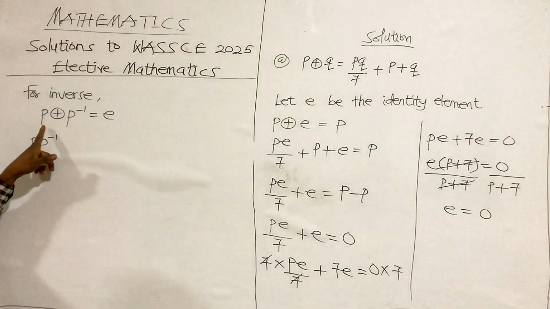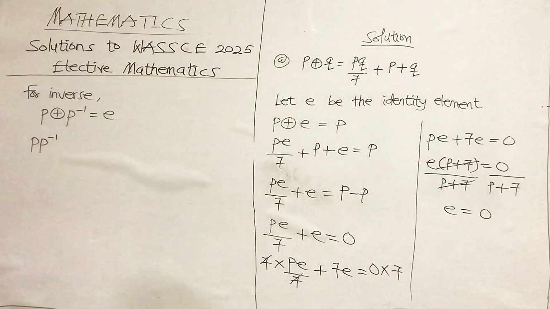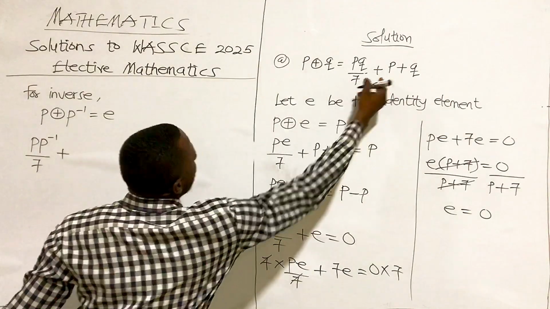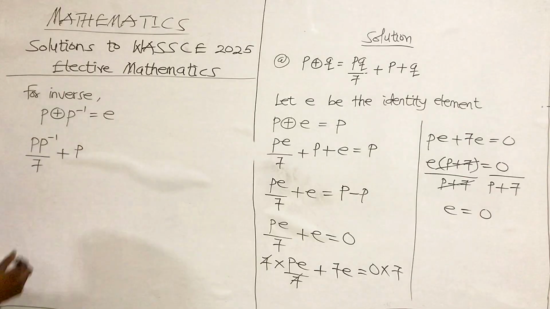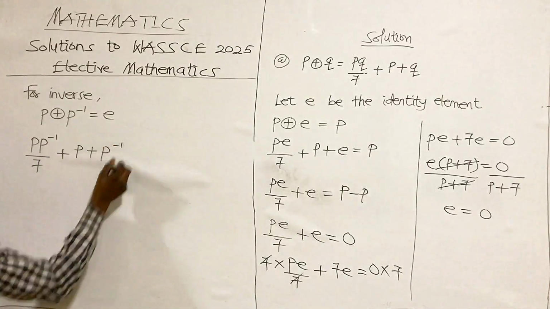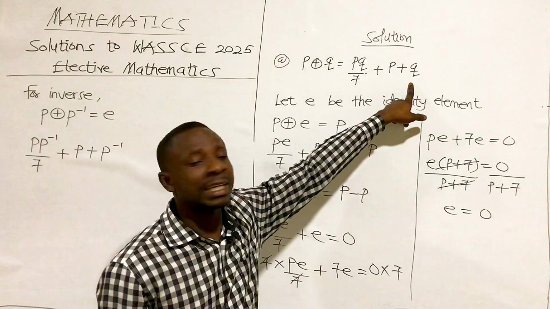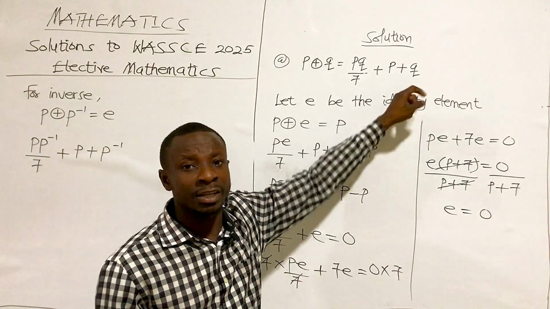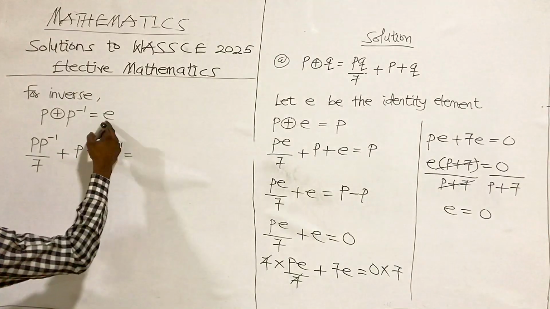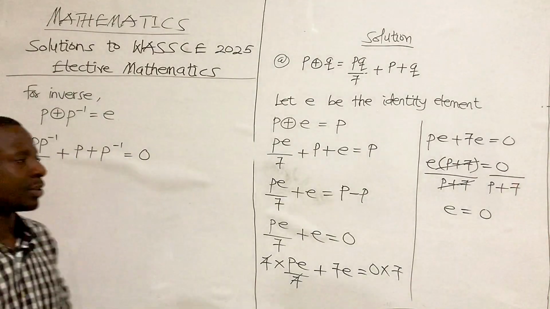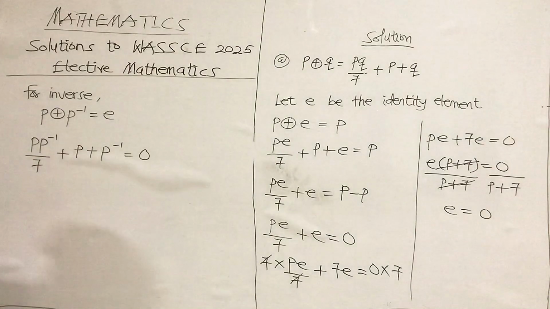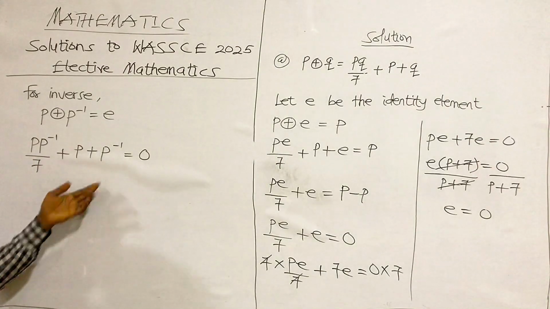So from here, we multiply P and P inverse over 7 plus what we have here is P. So I'll still repeat the P plus P inverse because, as I said earlier, anywhere I see Q, I'm going to put P inverse there. It's equal to the identity element, which is 0 from what we had earlier. So from here, we are still going to group like terms.